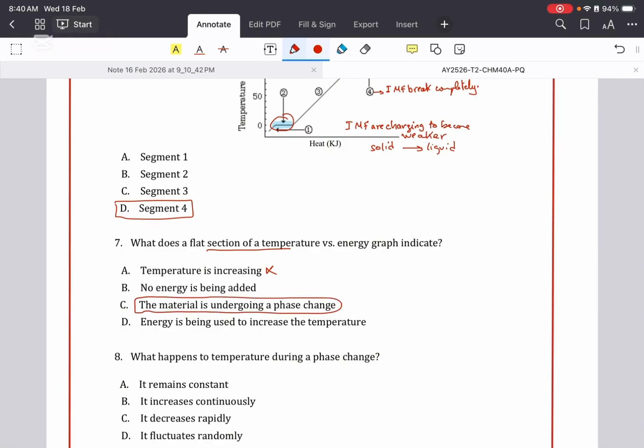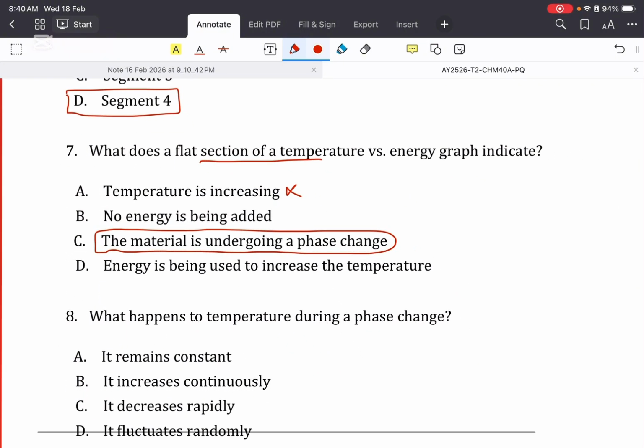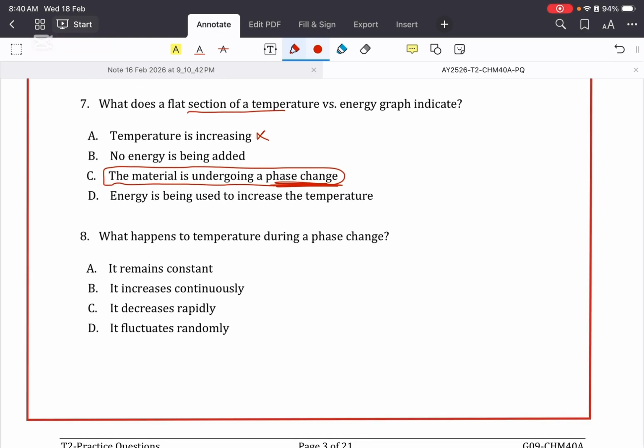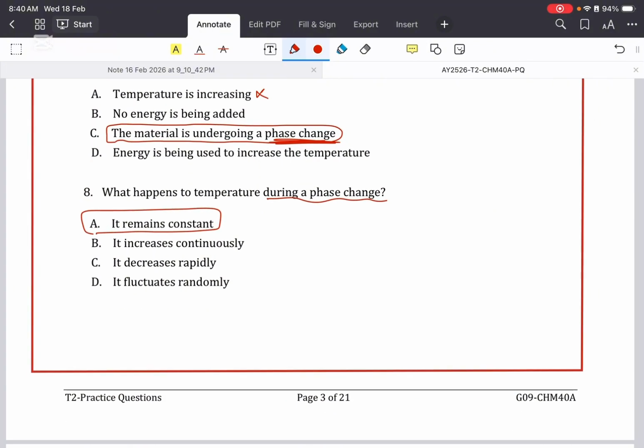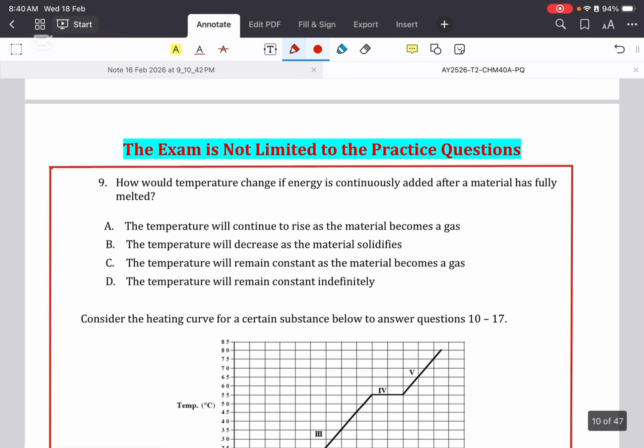Energy is always added, it's just that the temperature is constant and it's going through the change itself. What happens to temperature during a phase change? Again, it stays constant.